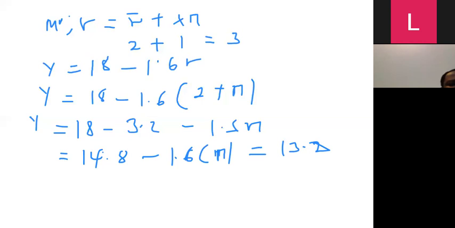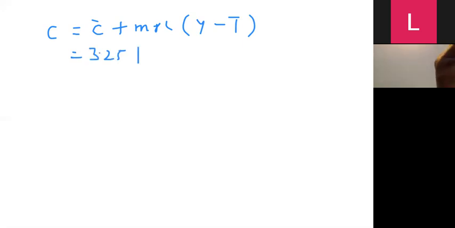Consumption. Now we said consumption is equal to the autonomous part of consumption plus MPC into brackets Y minus T. The autonomous part hasn't changed. It is still 3.25. Our MPC hasn't changed. It's 0.75. But our new output has changed.